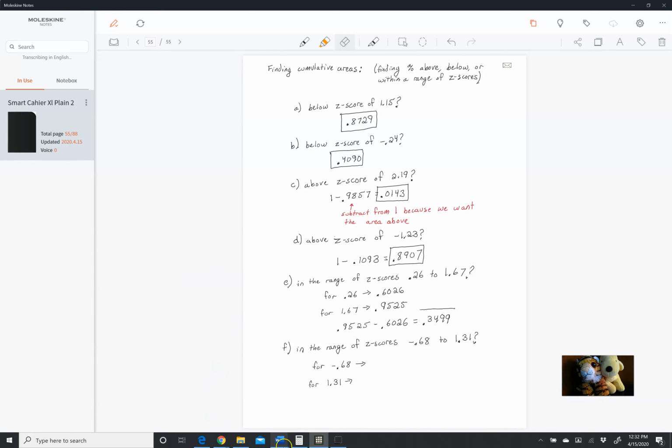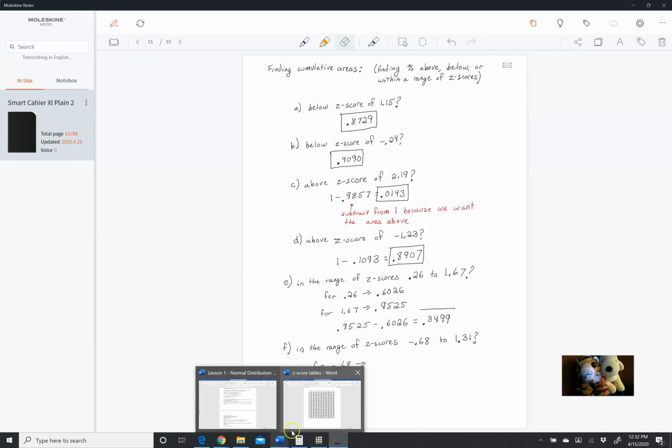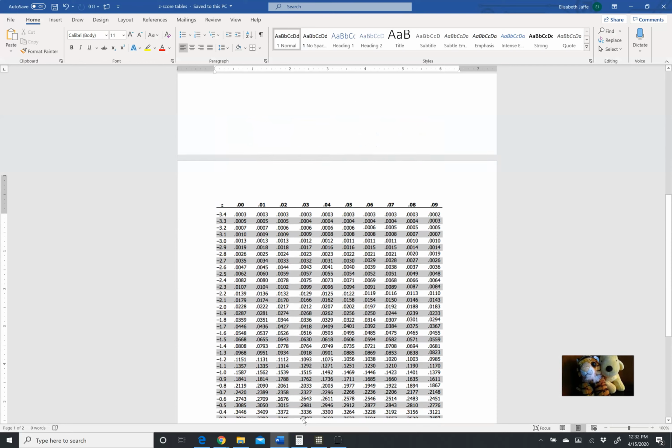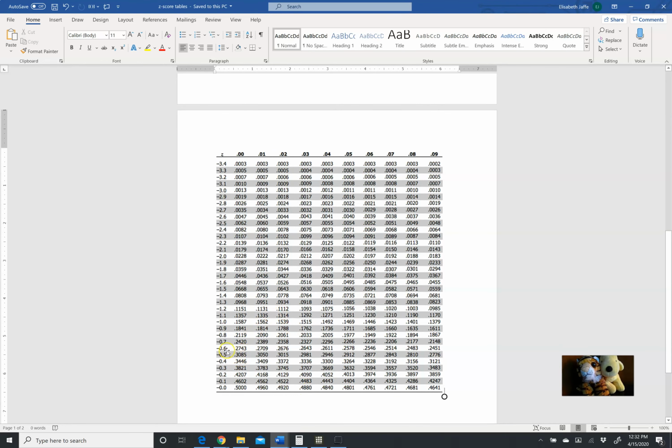For negative 0.68, again, we go to our z-score table. We have to go to the negatives first. Here's the 0.6. We go over to the 8. It's 0.2483. Remember, this starts at 0, so be careful. Make sure that you're looking at the actual column. So it's 0.2483.